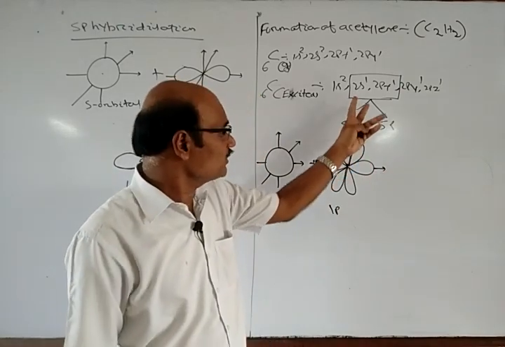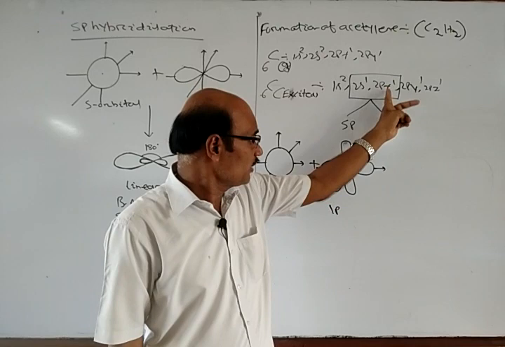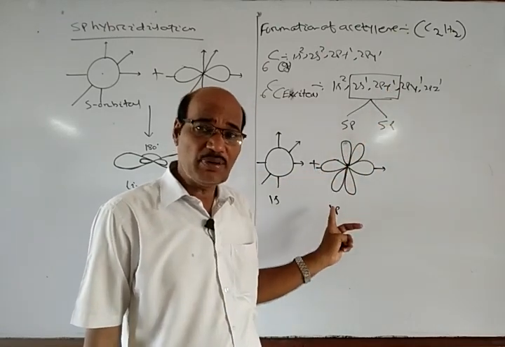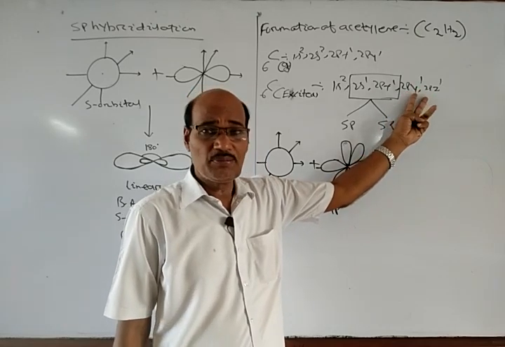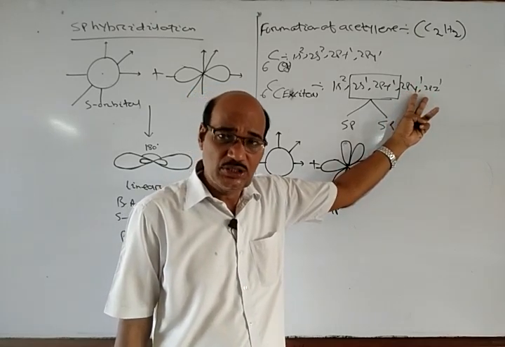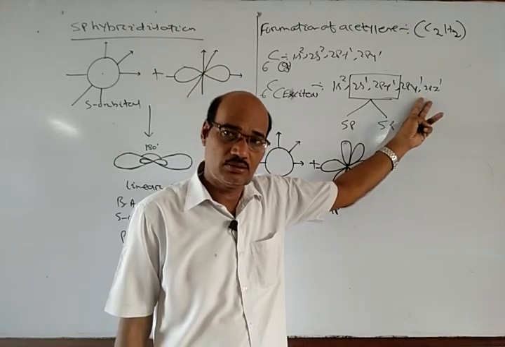But here we have taken three p orbitals. One p will undergo hybridization, but the remaining 2py and 2pz will remain as unhybridized half-filled orbitals.